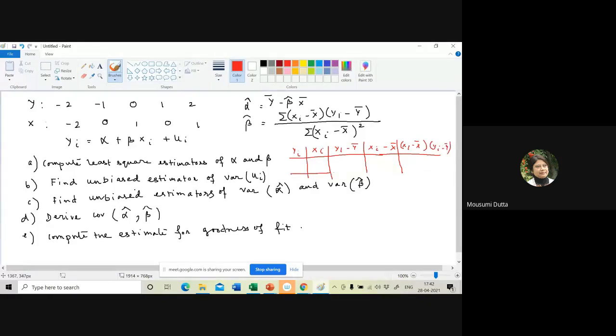Find out the values and then totals are required.